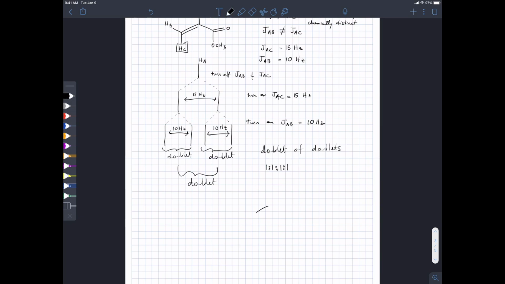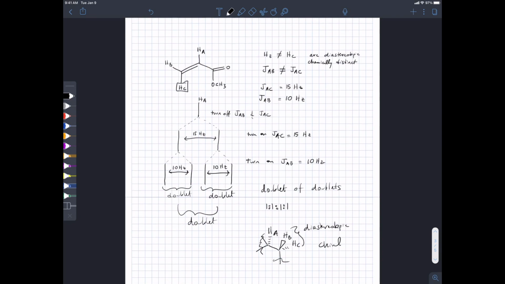You can see this in a situation where you have a proton in a chiral molecule where B and C are diastereotopic. Then you're going to see coupling independently between HA and HB, and then coupling between HA and HC. All right. A couple other things that came up.